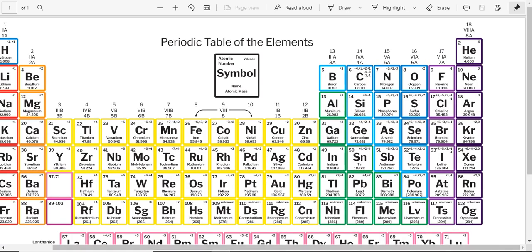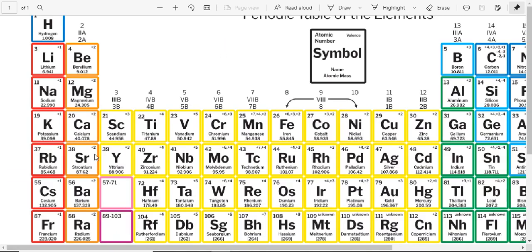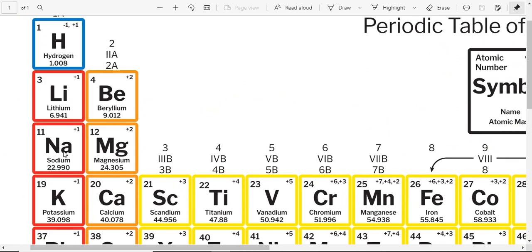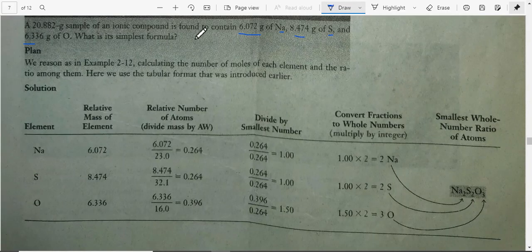Sodium weighs 22.99. Here we use it as a whole number. Since the books use whole numbers, round off to the nearest whole number, like this one, for example. So, 23.